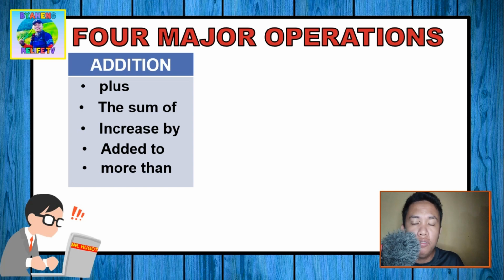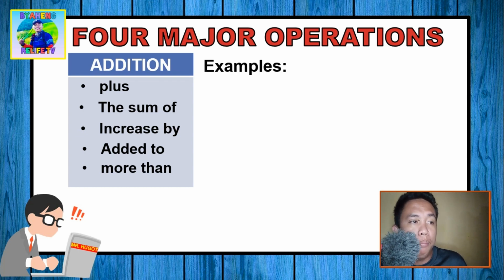Kahit pa mauna yung unang number, tapos sinundan siya ng pangalawang number, magpalit siya ng posisyon, walang problema in addition. Unlike guys, kapag subtraction division, nagkakaroon tayo ng problema. Now, kapag nakita nyo guys yung word na done, into, achieve, may pagbabago sa order. Okay? Kailangan nyo po tandaan yung mga words na yon.